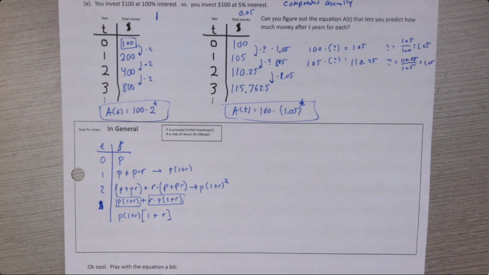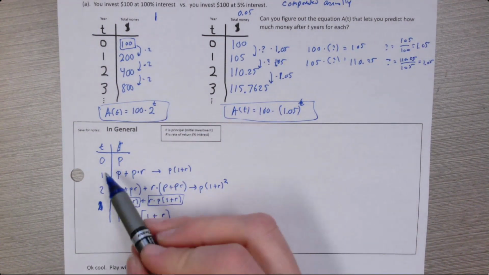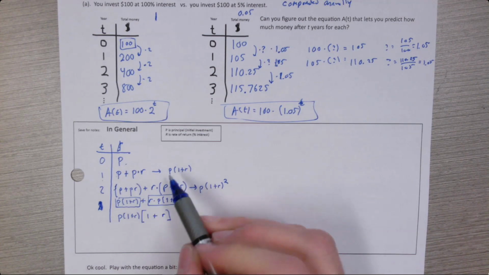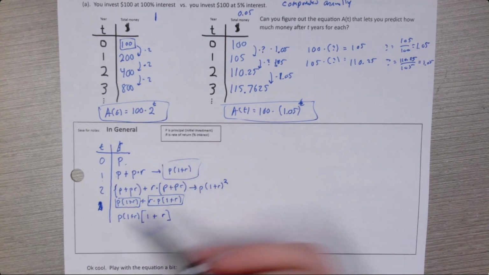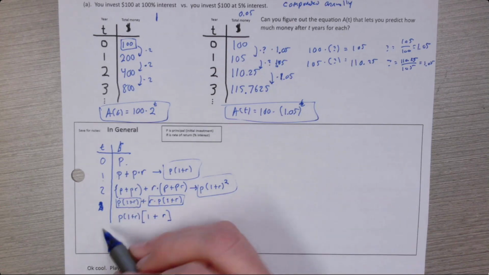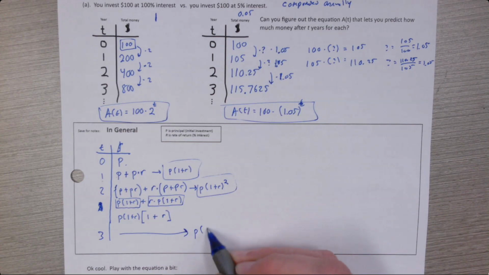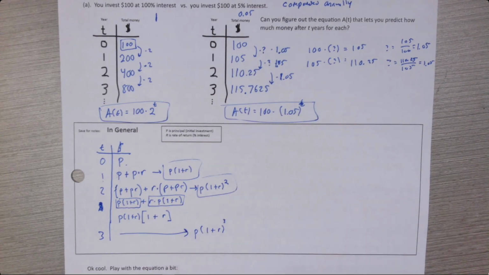Maybe you can start putting together what's happening here. So when t is 0, we have p. When t is 1, we have p times 1 plus r. When t is 2, we have p times 1 plus r squared. When t is 3, maybe you have a guess, might be p times 1 plus r cubed.